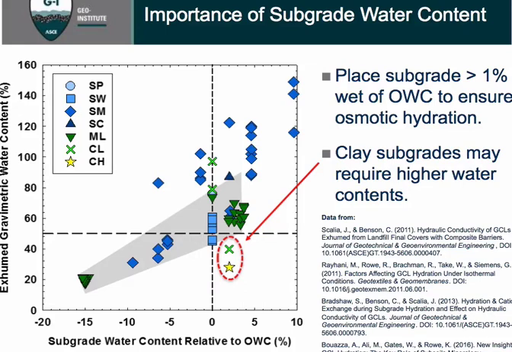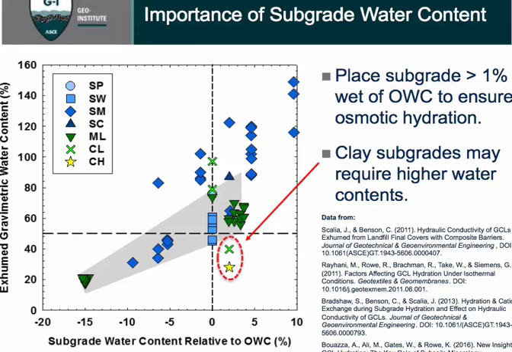So engineering judgment and knowledge needs to be used in this design. We can't make a blanket statement that it always has to be wet of optimum. There's a water balance here, and there needs to be thought put into it. If I'm placing a GCL on a sand or a silt, maybe even a low plasticity clay, that needs to be wet of optimum.